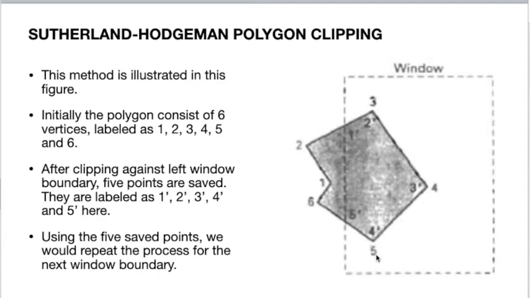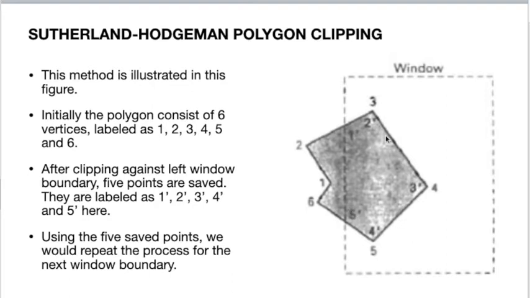Here 5 is inside and 6 is outside, so you find the intersection point 5 dash, and you save 5 dash only. This is how you find the new set of vertices after clipping with the left boundary. So you get 1 dash, 2 dash, 3 dash, 4 dash and 5 dash as the output after clipping with the left window boundary.